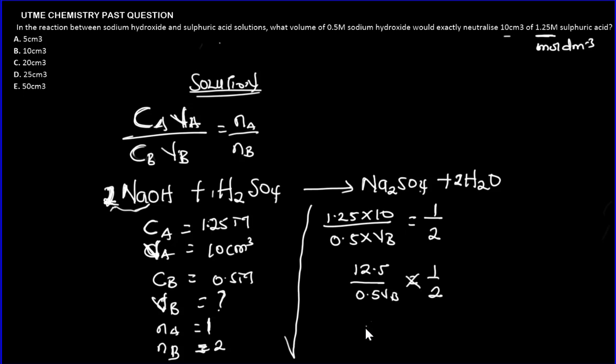Let's cross multiply: 0.5 VB equals 12.5 times 2, which is 25. Divide both sides by 0.5, so the volume of the base is going to be 50 centimeter cube. So 50 centimeter cube is the answer.